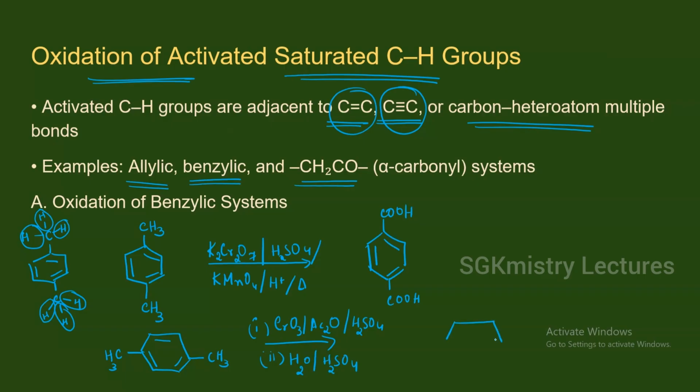So in this case, if you're using a milder oxidizing agent, you're going to get the dialdehyde derivative. Okay, so when you're using strong oxidizing agents like acidified potassium dichromate or acidified potassium permanganate, then the CH3 groups are directly oxidized to the carboxyl groups. Whereas if you're going to use milder oxidizing agents like CrO3 in the presence of acid and on hydrolysis, you're going to get the respective dialdehyde derivative.